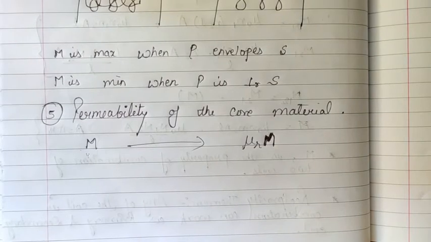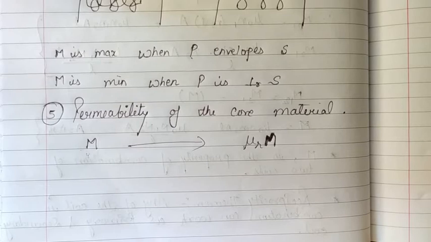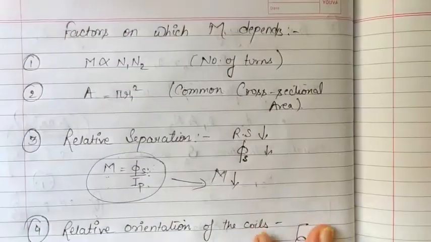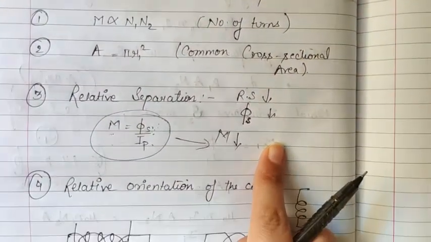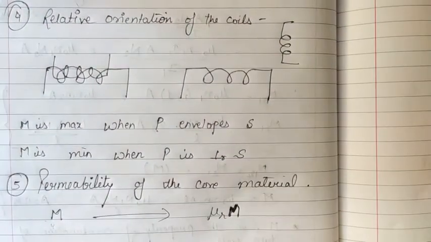So this is the permeability of core material, and it increases the mutual inductance by mu r times. These are the factors on which capital M depends: the number of turns, common cross sectional area, separation between two coils, orientation of two coils, and permeability of the core material.